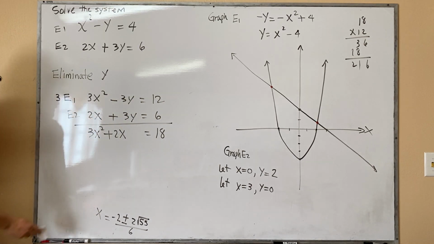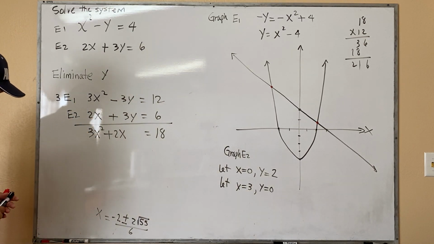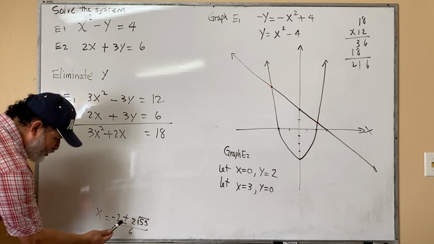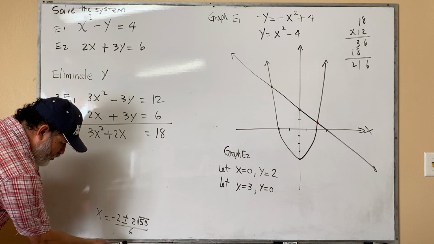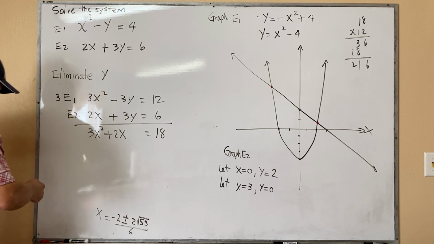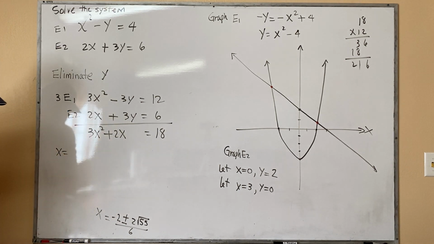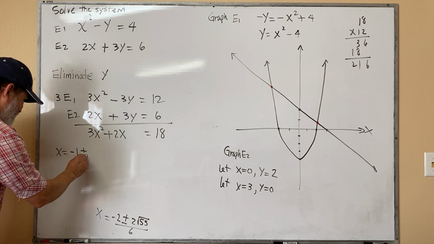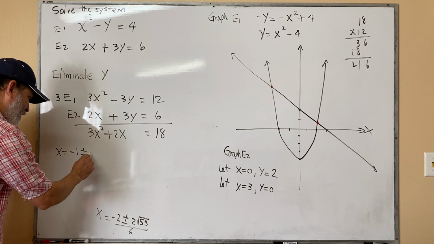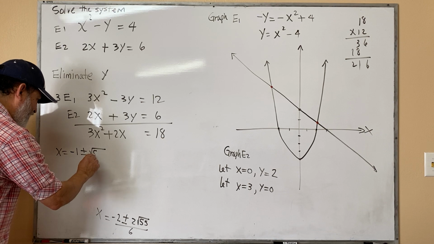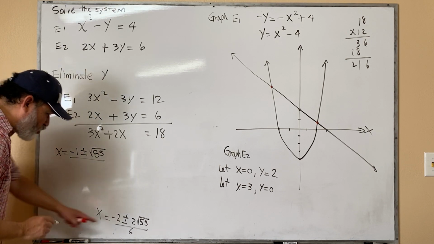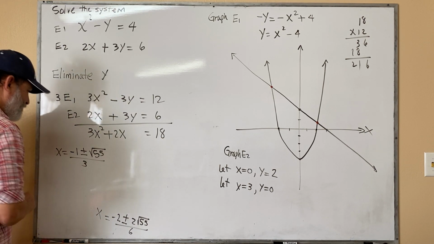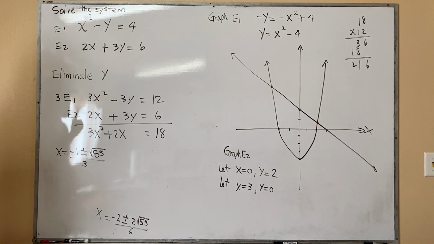Right there. And so now look, 2 goes into 2, 2 goes into 2, and 2 goes into 6. So x equals 2 goes into 2, negative 1, plus minus, 2 goes into 2, 1. So this is the square root of 55. And 2 goes into 6, 3 times. Guys, there are two cases here.